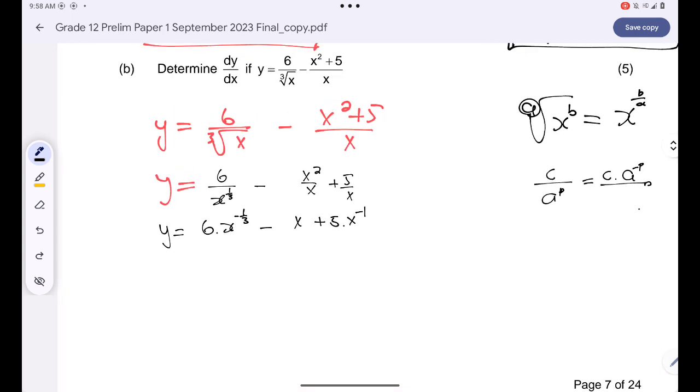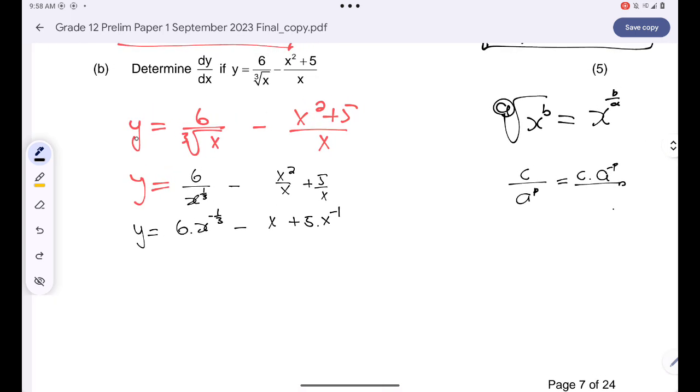But please note that, guys, whenever I find my derivative, I no longer write y. And I can only write this statement, or this notation, if what comes after the equal sign is my derivative. If I'm not writing the derivative after the equal sign, that means I'm not supposed to write this statement over there.